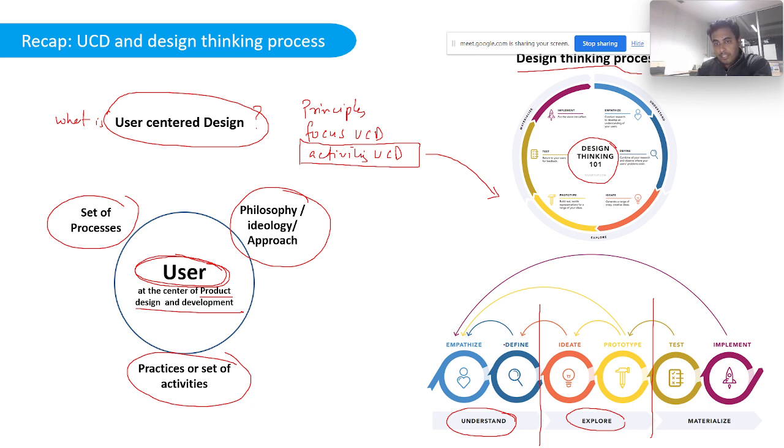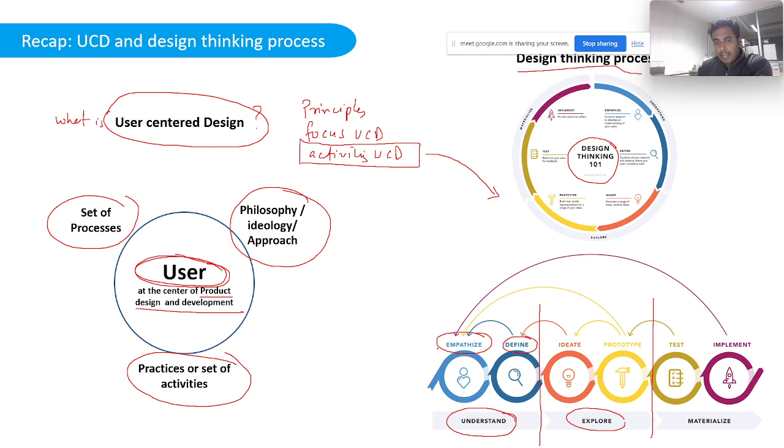So iteration happens at every stage, as well as across multiple stages. This is what I discussed in the previous lecture, and today I will cover more details about these individual phases.